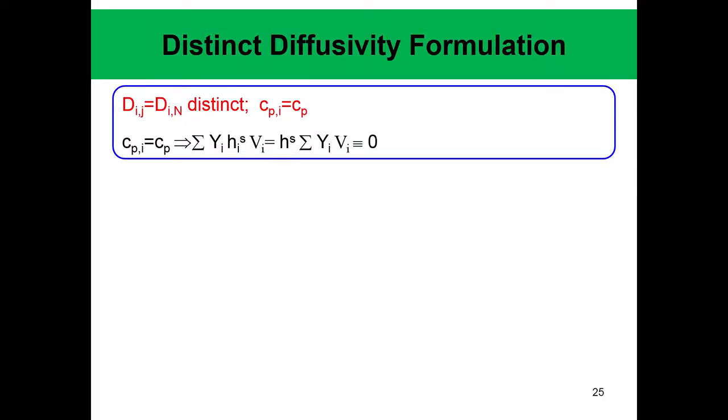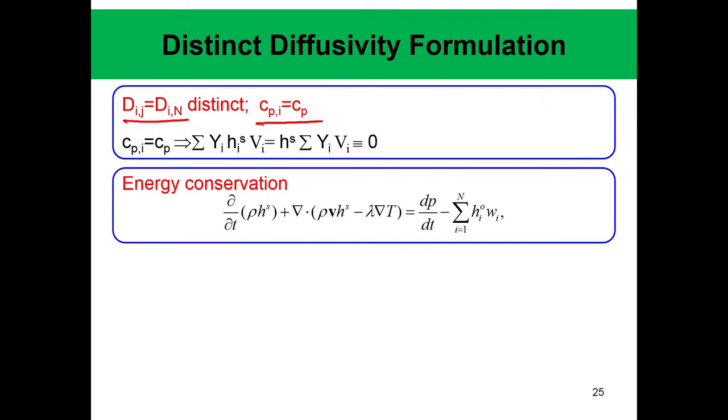But if you do the distinct diffusivity formulation, that is you assume that the specific heats are essentially the same and Dij is equal to D, then you do not have that term, because, as we discussed, with constant specific heat the second term, the summation of Yi hi Vi, drops out, and you get a simplified energy conservation equation, which is d(rho hs)/dt plus this convection of enthalpy.